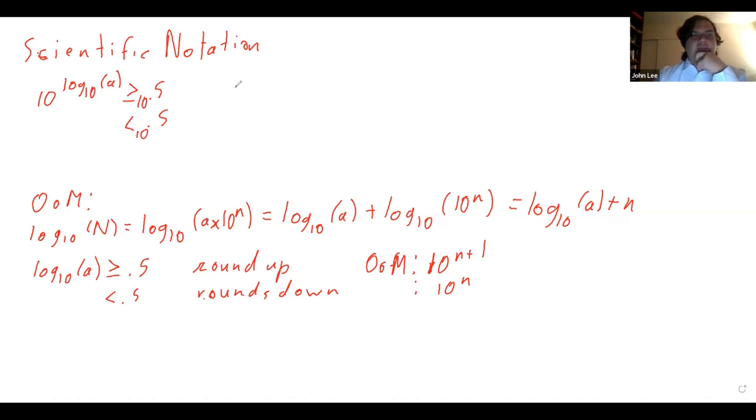So a is greater than or equal to 10 to the 0.5 or less than 10 to the 0.5 for rounding up or down. So it's going to be greater than or equal to approximately 3.16.